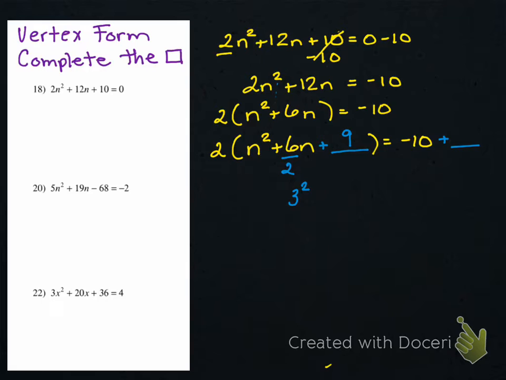You would oftentimes just jump over here and add a 9 here, but don't. Because I really didn't add 9 to the left side, did I? Take a closer look at what I actually added to the left side. You see it? There's a 2 on the outside. So if I'm going to be truthful here, I didn't add a 9. I added a 2 times 9. I added 18, since 9 and 9 is 18.